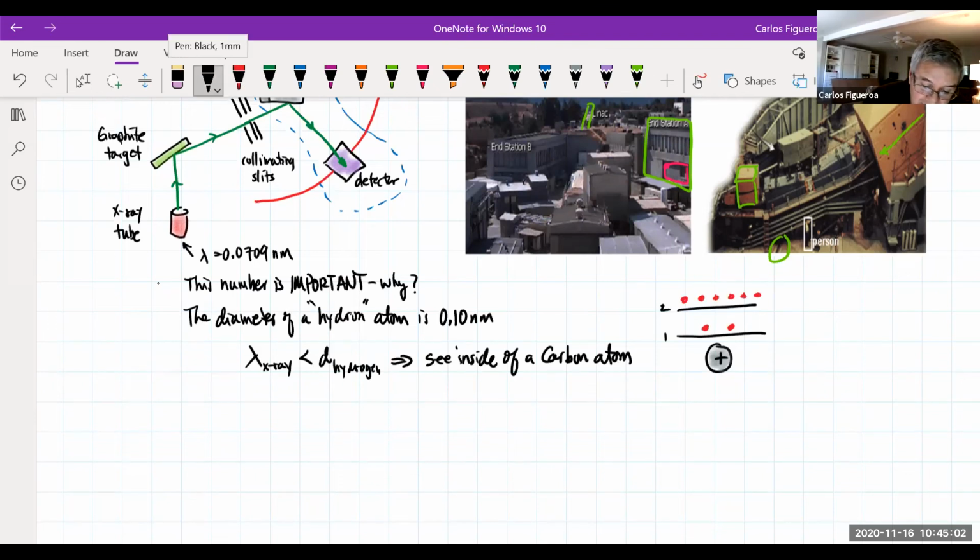I have these inner electrons, and the inner electrons are more tightly bound. Why? They're closer to the nucleus, that's true, but the more important thing, which is a physics 4B thing, is that there's no charge screening. Charge screening is the reason why electrons become weakly bound.